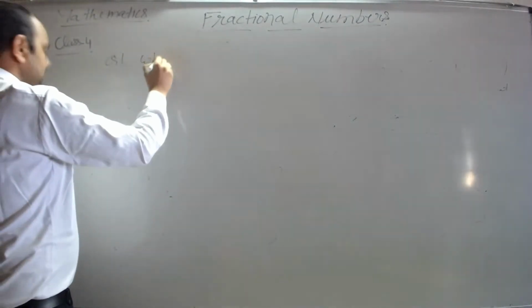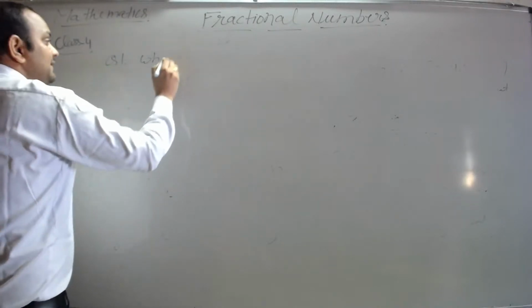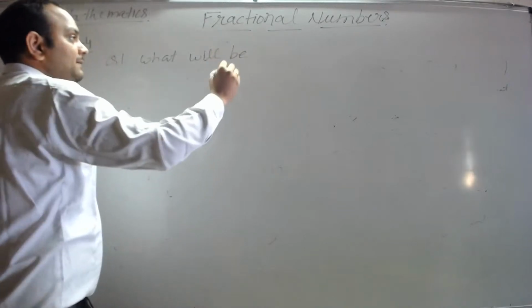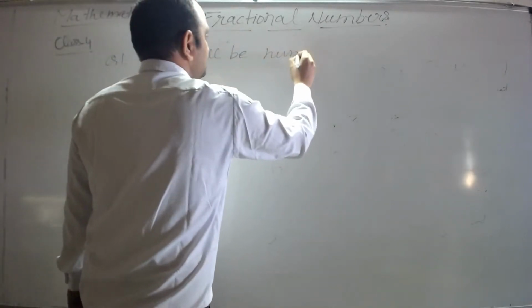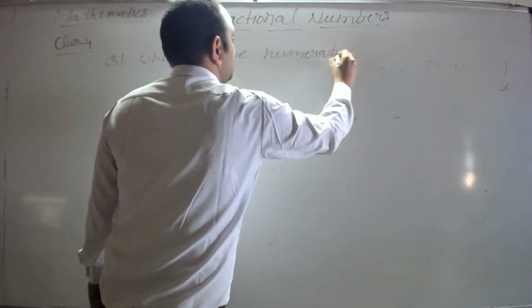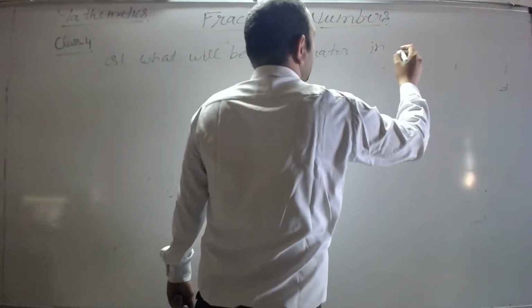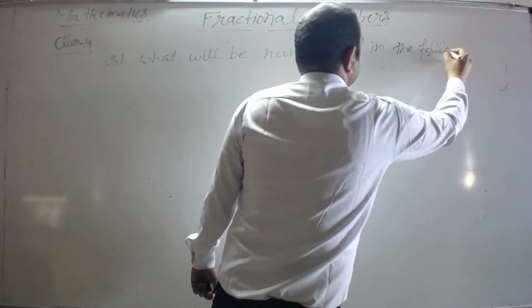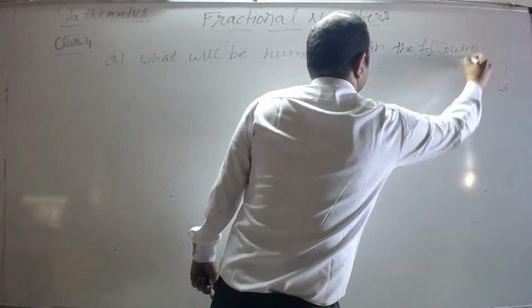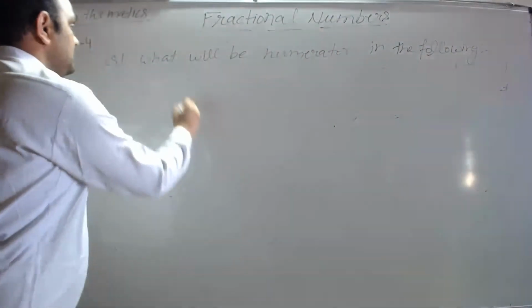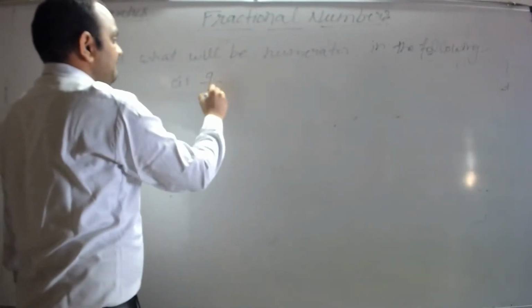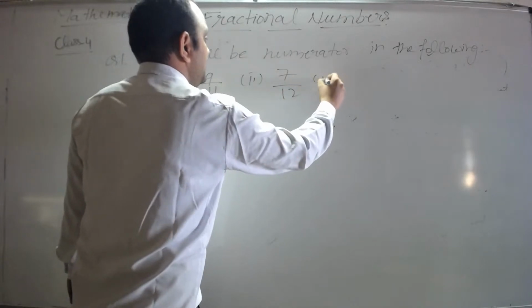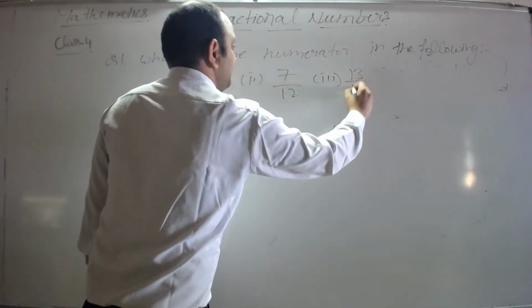What will be the numerator in the following? First is 9 by 11, second is 7 by 12, third is 13 by 11.